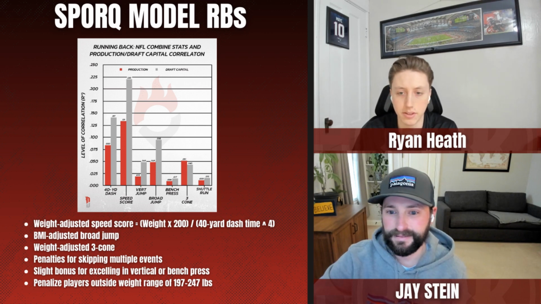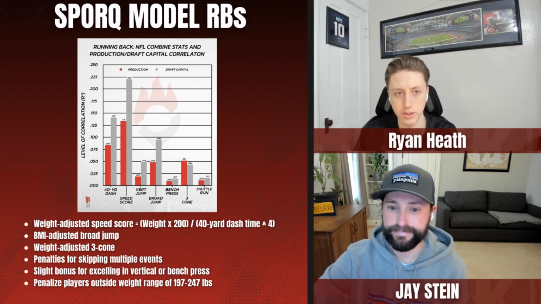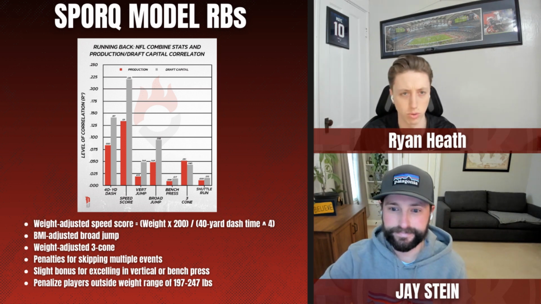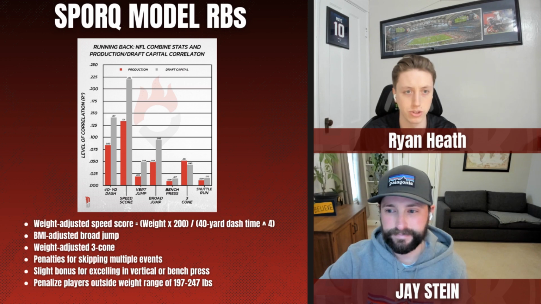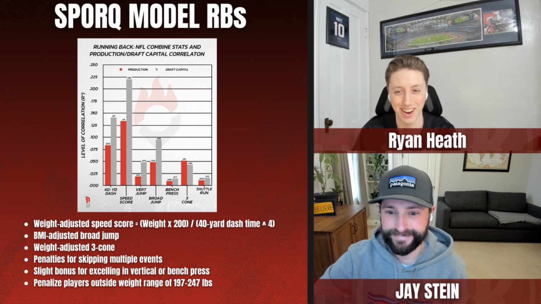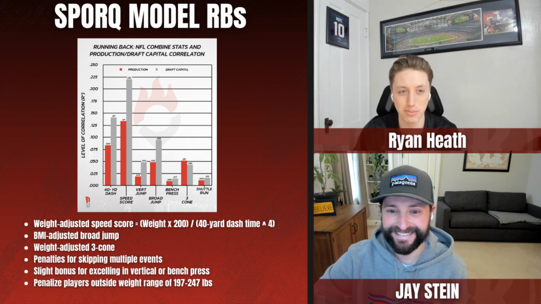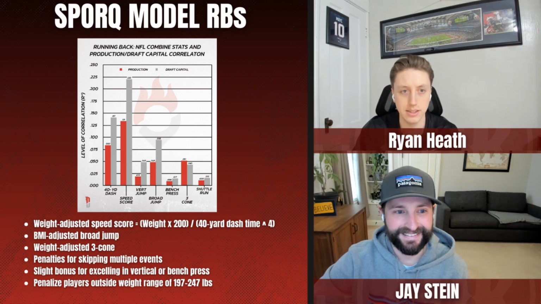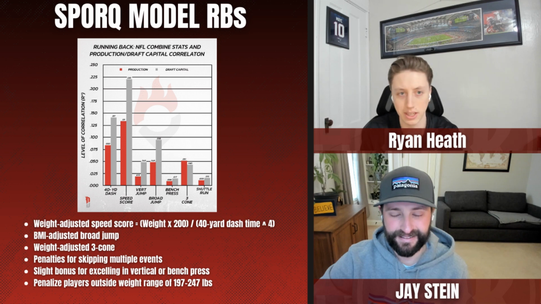Obviously the 40-yard dash is the most important for running backs. We improve that predictiveness when we adjust it for weight using speed score, originally a Bill Barnwell invention, 20-plus years ago probably at this point. Weight-adjusted speed score is easily the most predictive single event that we can look at.